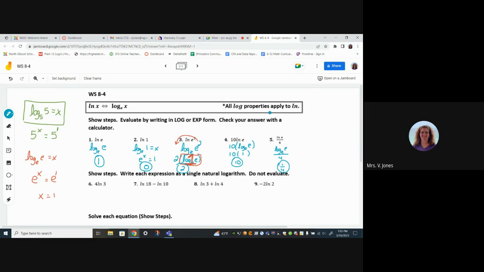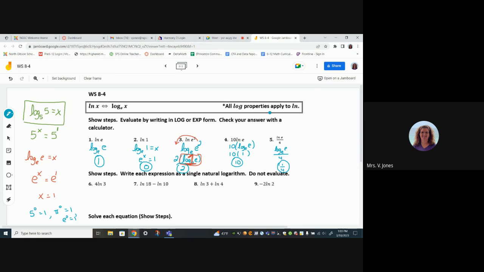So as a little review there, anything to the 0 power, 5 to the 0 power, it's 1. Pi to the 0 power would be 1. Okay, e to the 0 power is 1. So that's what we just talked about.